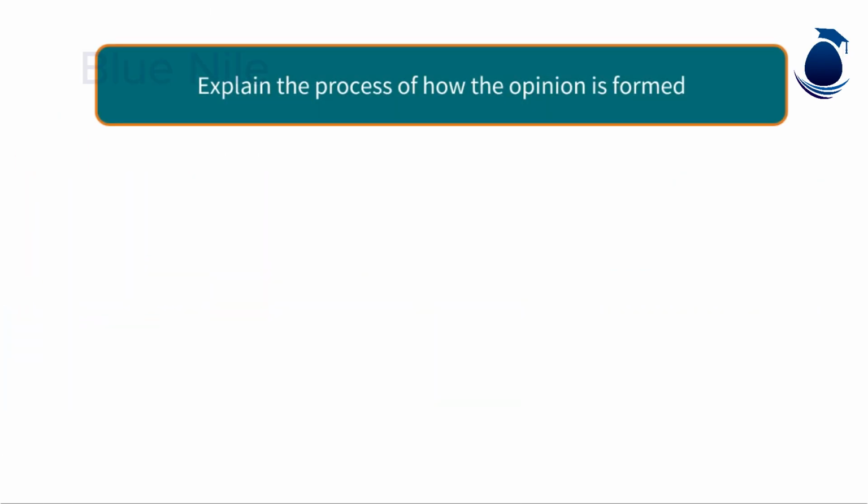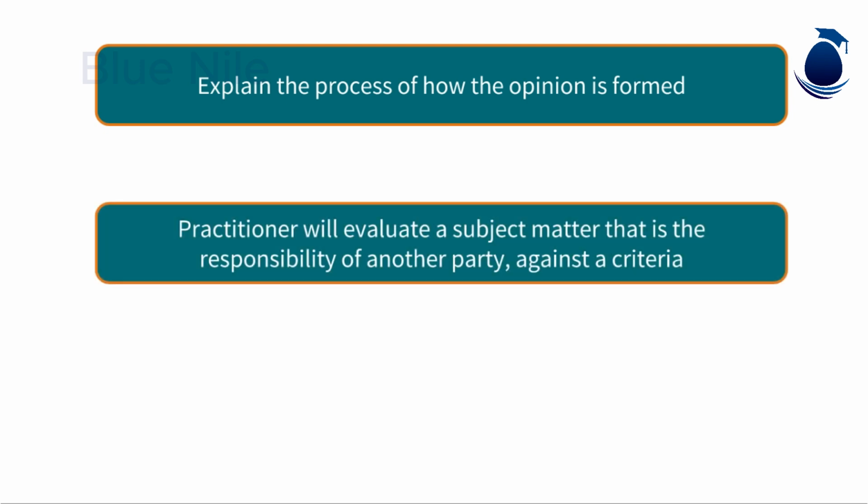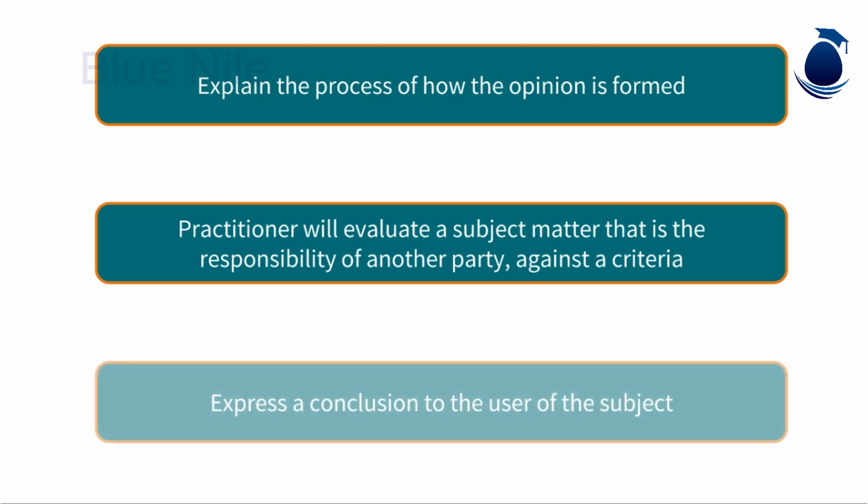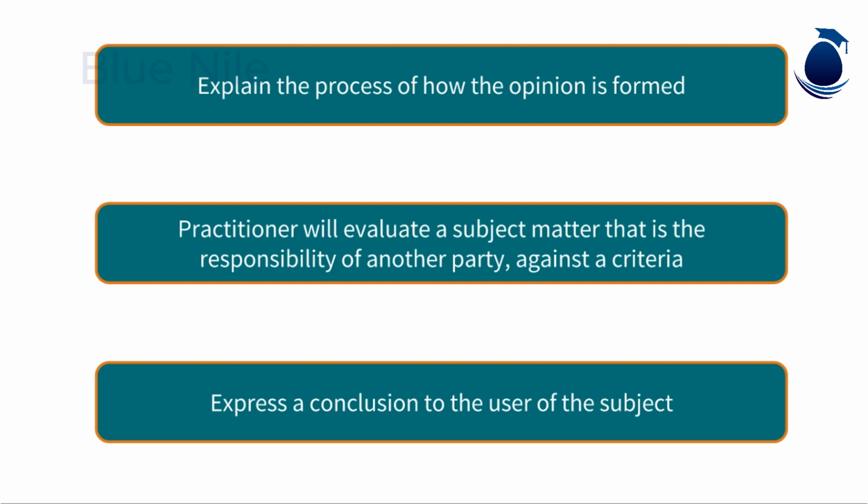To add more detail to this, we can explain the process of how this opinion is formed. A practitioner will evaluate a subject matter, that is the responsibility of another party, against a criteria to express a conclusion to the user of the subject.